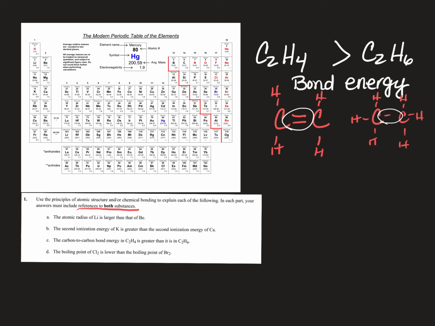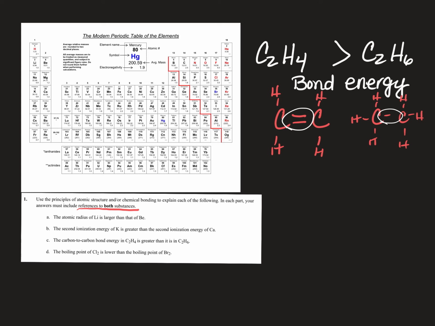So the carbon-carbon bond energy in C2H4 is greater than the carbon to carbon bond energy in C2H6, because in C2H4 the carbons are double bonded, whereas in the C2H6 the carbons are single bonded, and a double bond has a greater bond energy than a single bond.